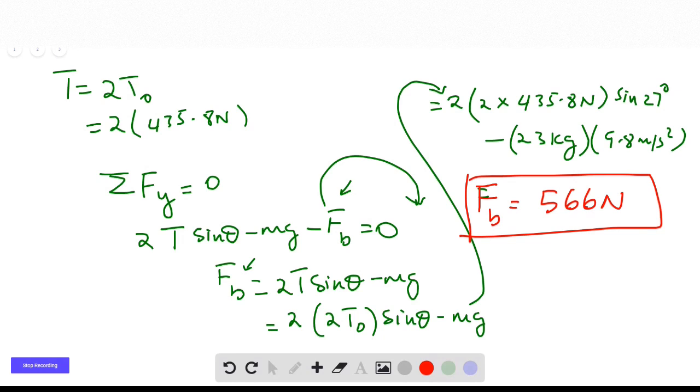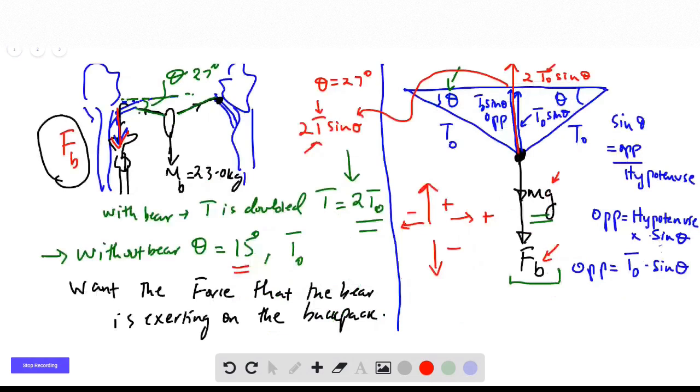So those are two forces. This is the force applied by the bear. Okay, that's the force applied by the bear. So going back, there was a backpack hanging from the middle with a weight of 23 kilograms.